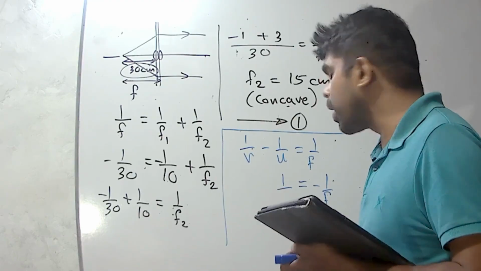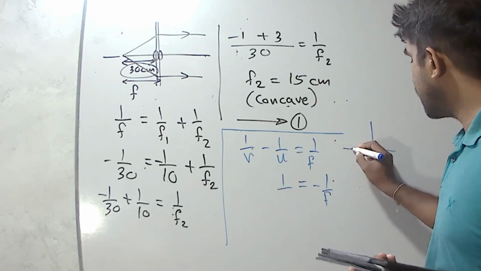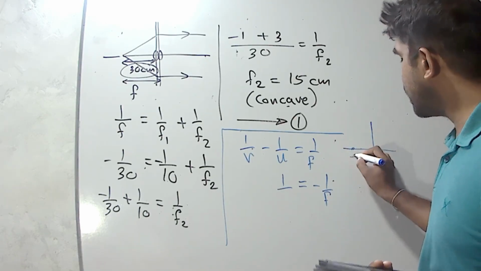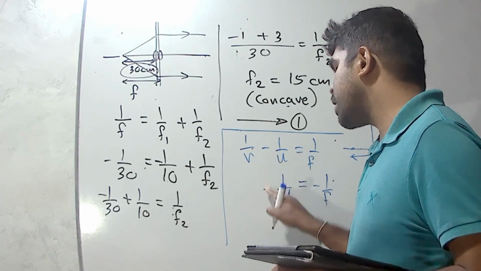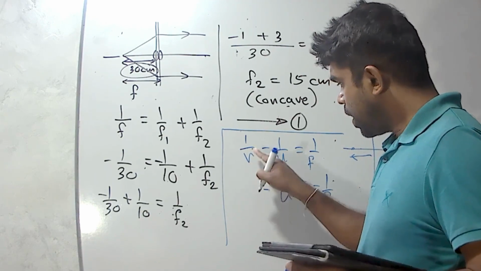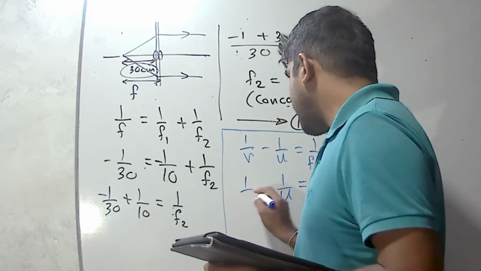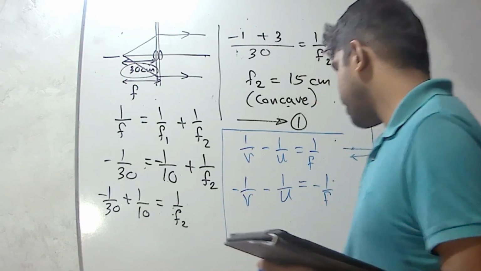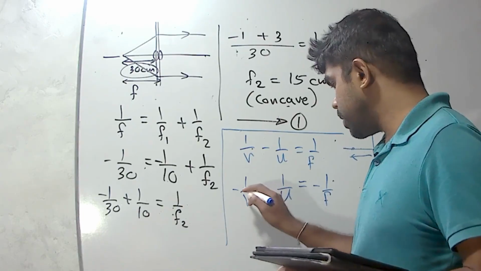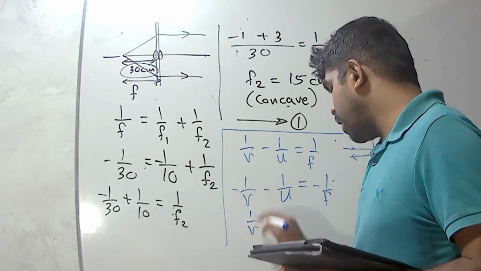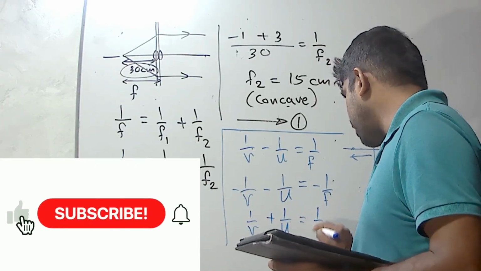F means focal length. Object distance is on this side, so object distance is a plus value, this minus mark is this one. Image should be formed on this side, therefore we have to get image distance as minus. Then I will change the sign of all terms. Then 1 over v plus 1 over u equals 1 over f.